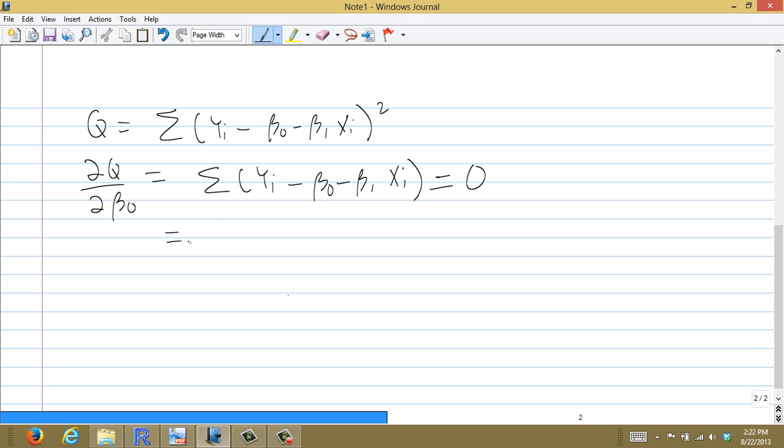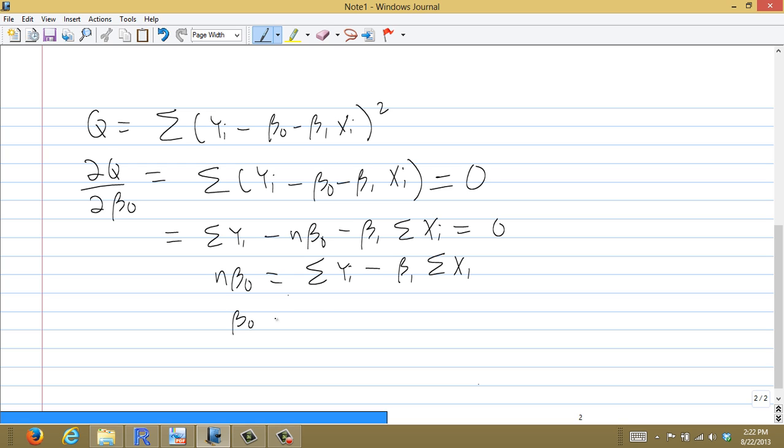Now we're going to expand this out, so we get the sum of the y's minus n beta naught, because we're taking beta naught and summing it n times, minus beta 1 times the sum of the x's equals 0. And we're solving for beta naught here. So we get n beta naught is equal to the sum of the y's minus beta 1 times the sum of the x's.